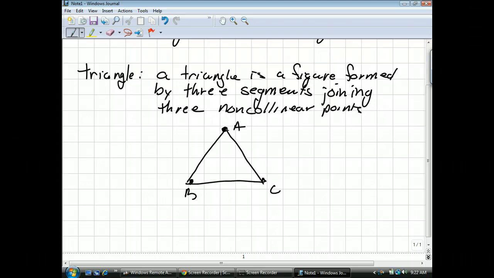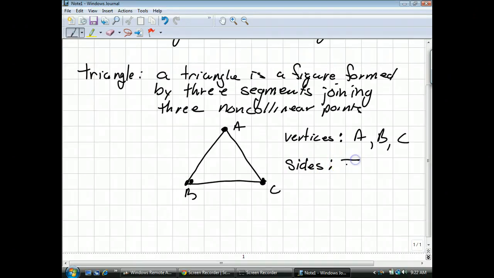Okay, and so with the triangle we talk about different parts. The vertices are the points that create the triangle. So in this case, the vertices would be point A, point B, and point C. The sides are the segments that create the triangle.